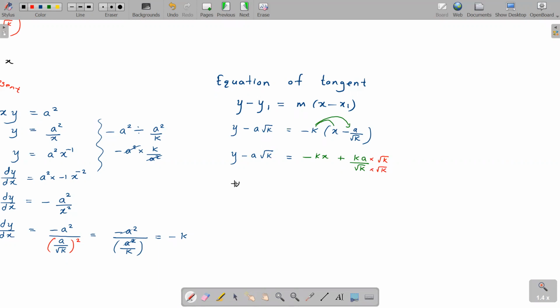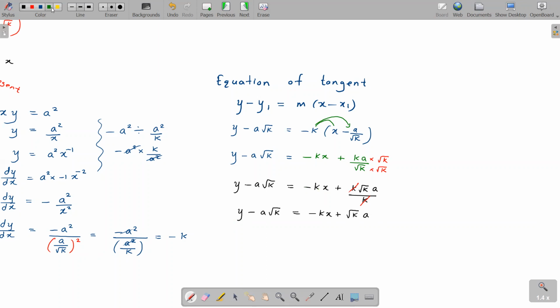So I get here y minus a root k equals minus kx. What happens here? This is k times root k times a. Are you with me? Root k into root k gives you a k. And do you see the k to k cancels? So we get here y minus a root k equals minus kx plus root k times a.